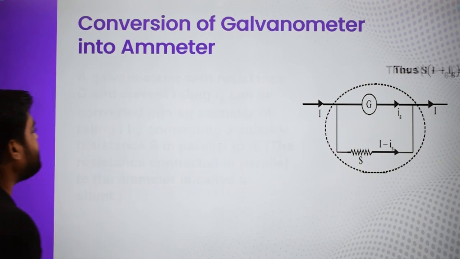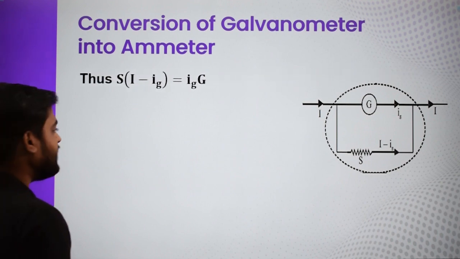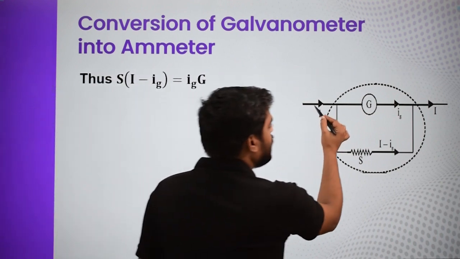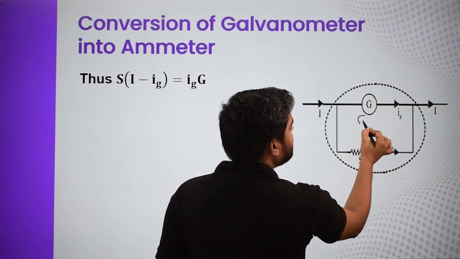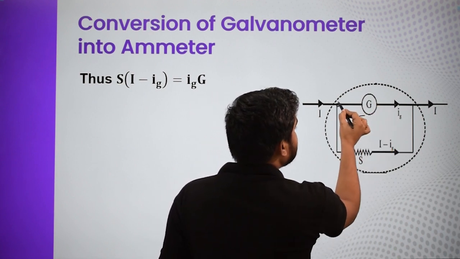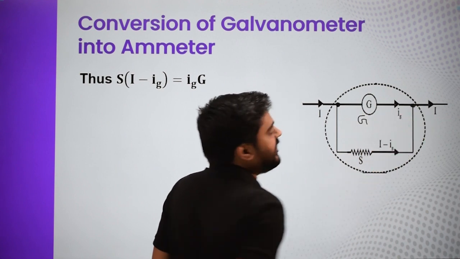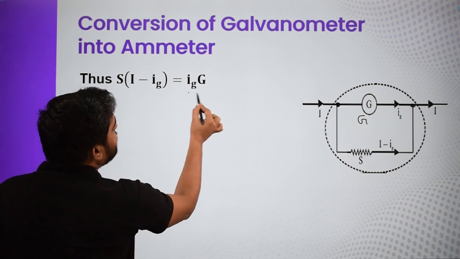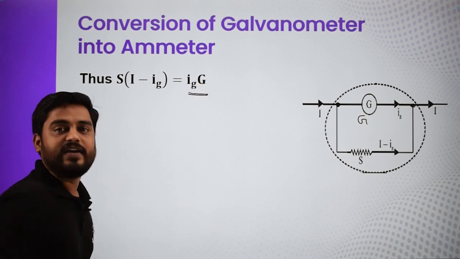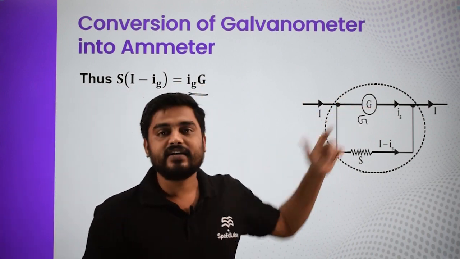What is the calculation behind it? Let's see that. Here the total current coming is I, and the galvanometer has a resistance G. The potential difference between these two points can be written as IR, which is basically Ig into G, where G is the resistance of the galvanometer and Ig is the current in the galvanometer.